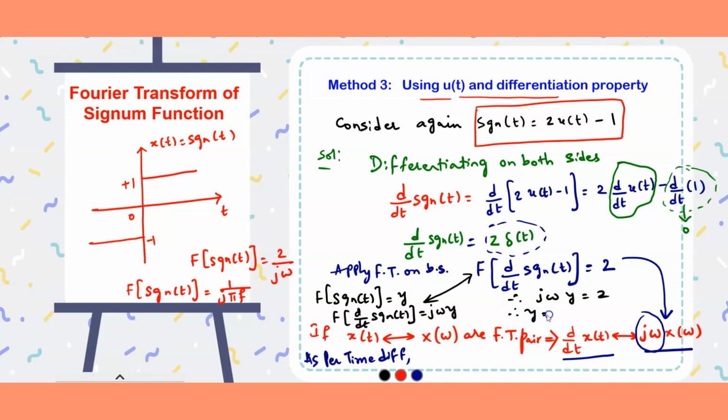Therefore you can write y is equal to 2 by j omega. Okay, what is y? In fact, it is the Fourier transform of the signum of t. So therefore again you are coming back to the same place where you started. Fourier transform of the signum function is equal to 2 by j omega. Okay, so just some mathematical trick, you have to imagine certain things and then you will get it very easily.